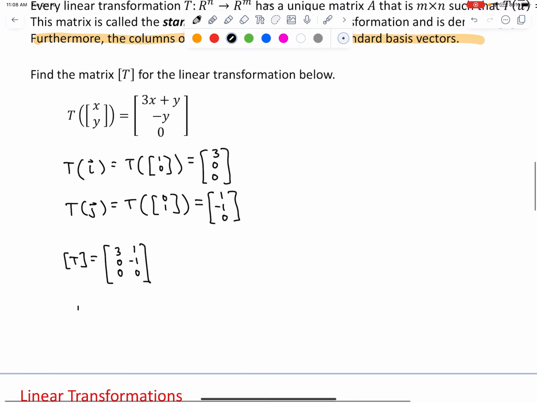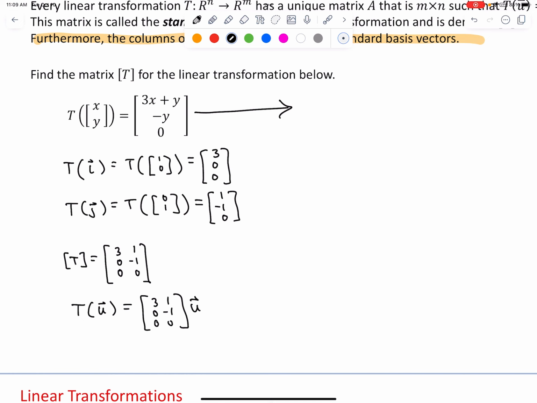What this means is that when you input any vector into this transformation, you can get the output vector by multiplying that input vector by this matrix, putting that input vector on the right side. Now in this case, there was arguably an easier way to do this. You could decompose the general image of any input vector.